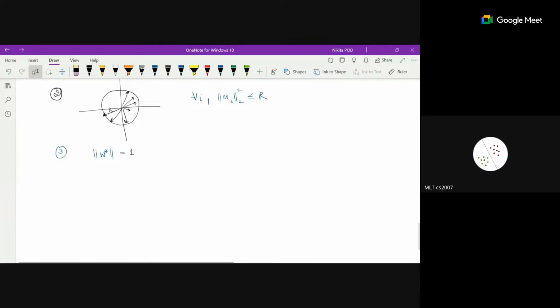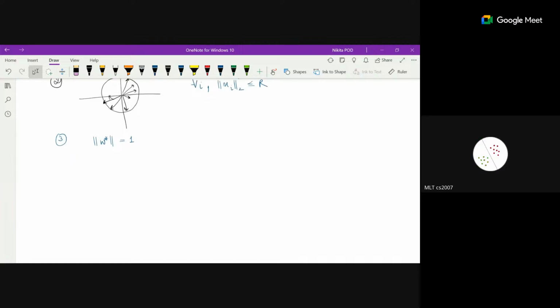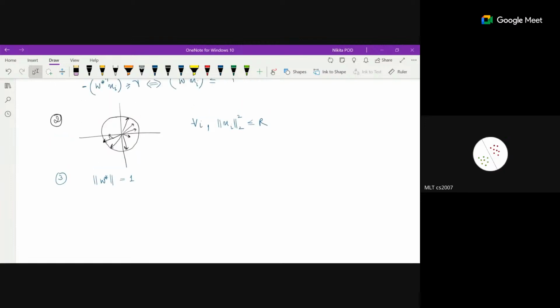Ma'am, explain this: xi norm squared less than or equal to r. Yes. The assumption that we are making is the length of xi is less than or equal to r. All these data points, all these x's, are in some closed ball.